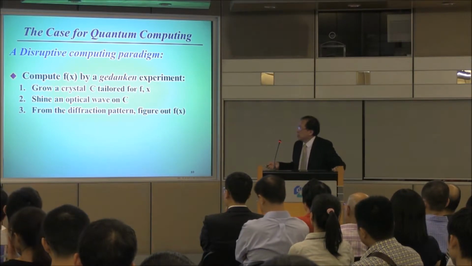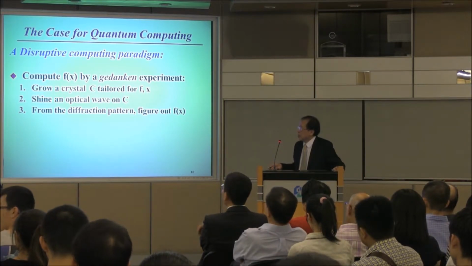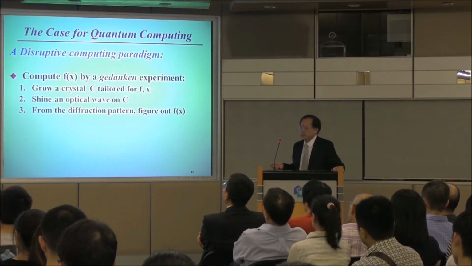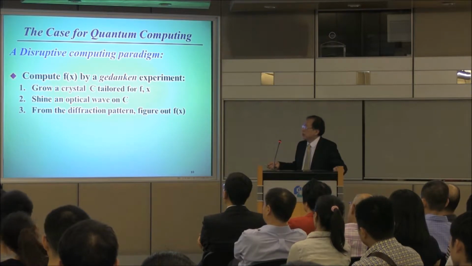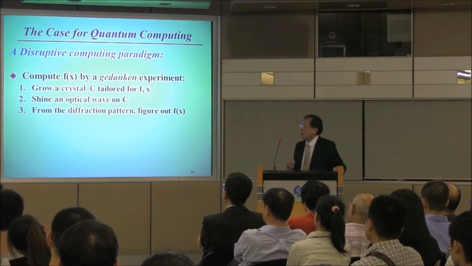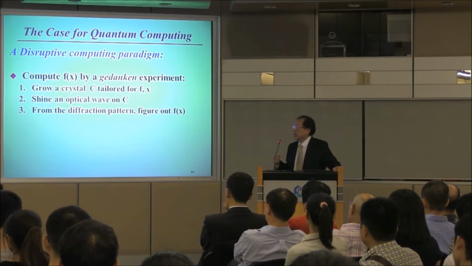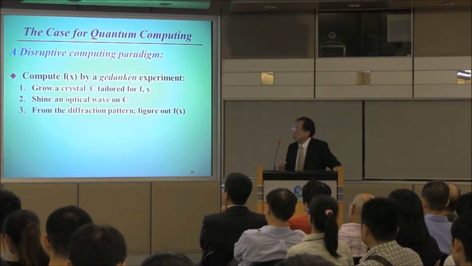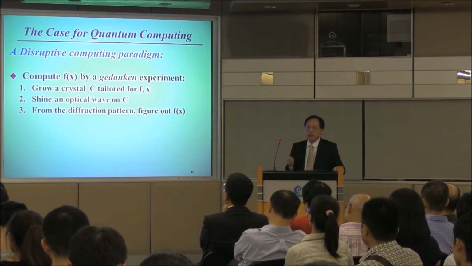And so this disruptive computing paradigm, let me describe it in the following way. Let's assume that you have a string x. So it's, let's say, an n-bit string or even a real number. And you would like to compute a function f of x by a Gedanken thinking experiment. And the method is that you just imagine that according to this function f and this input x, let's try to grow a crystal. So it's some sort of crystal, perhaps not in 3 dimensions, it could be 4 dimensions or higher.